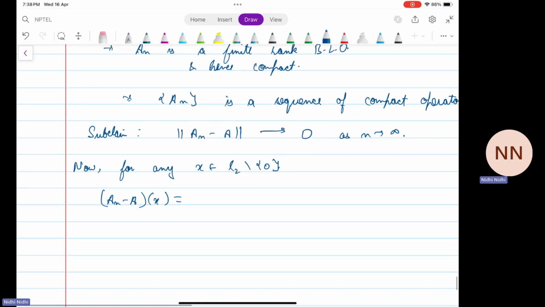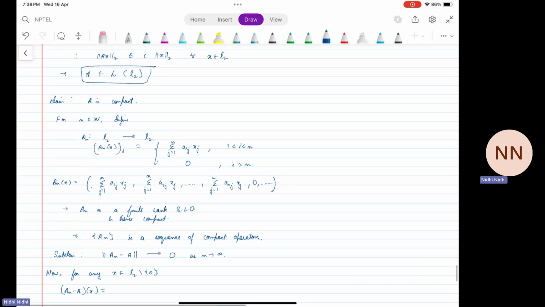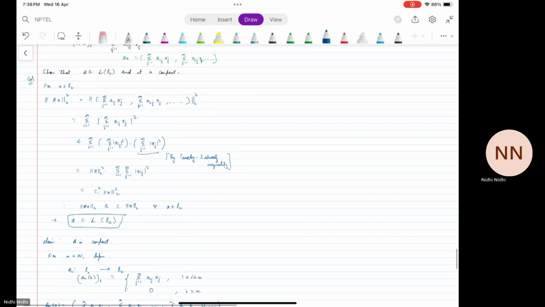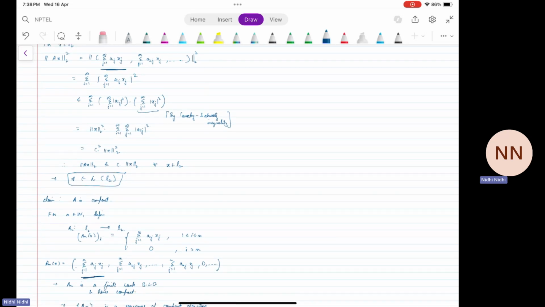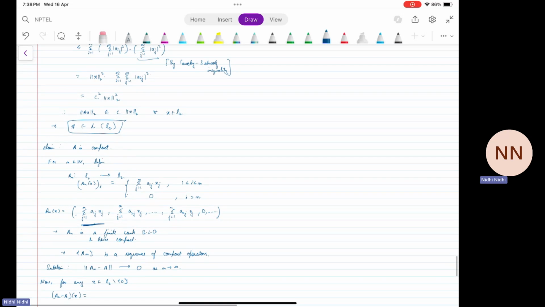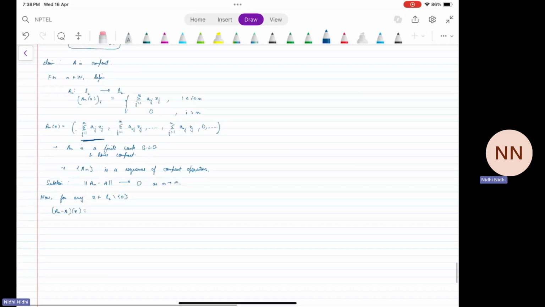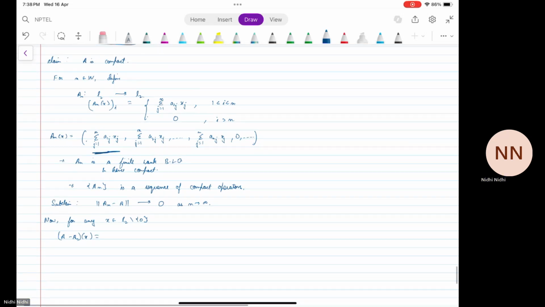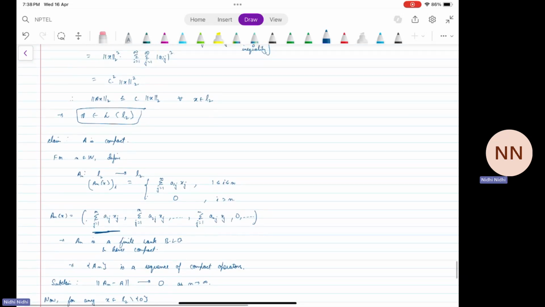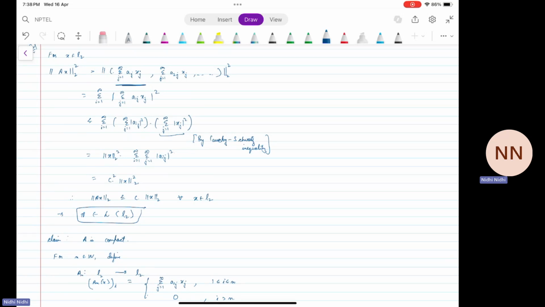If we look at the first term, here we had the sum j from 1 to infinity, and in An we have the sum from 1 to n. So in fact, instead of An minus A, let me write A minus An, so that we have the positive terms. So the first n terms will be cancelled out, and we will be left with the rest of the terms up to the nth component, and after that it is just A, because An is 0.